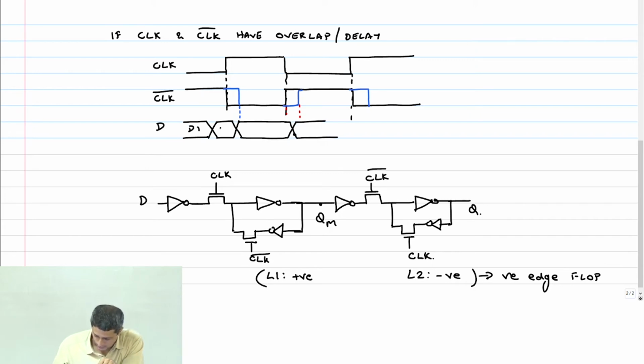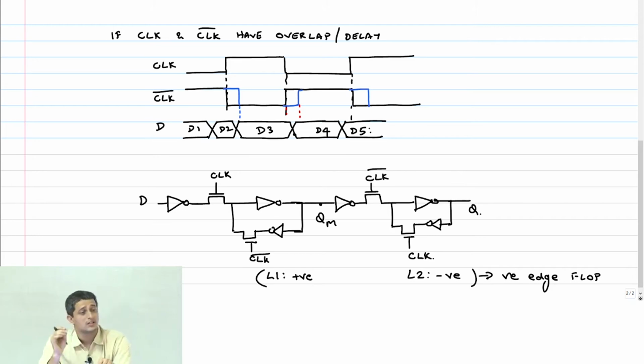So this is D1, D2, D3 and D4, and it eventually goes to D5. What is the expected output on Q? Which data should it sample?